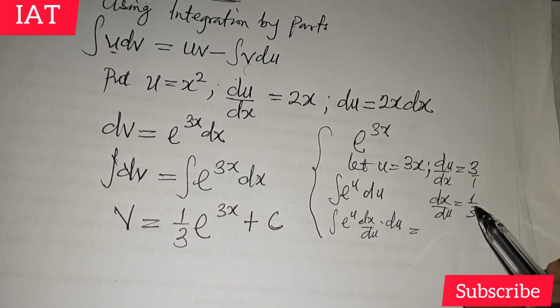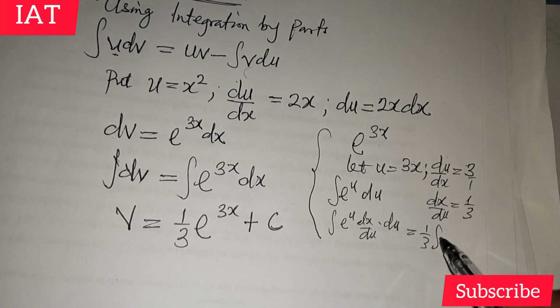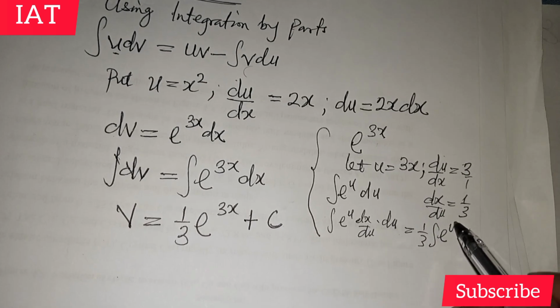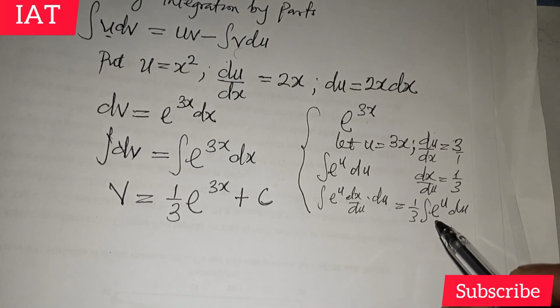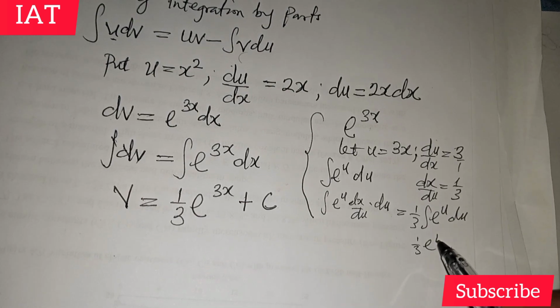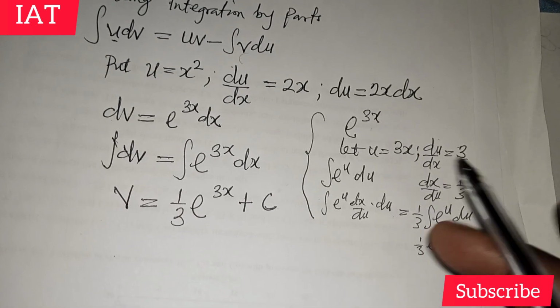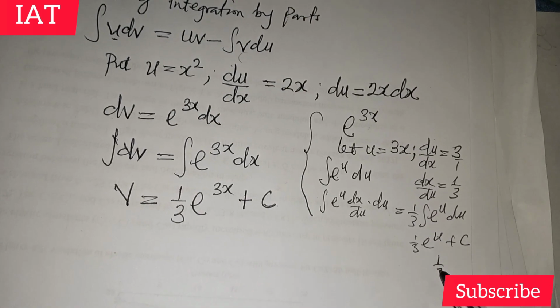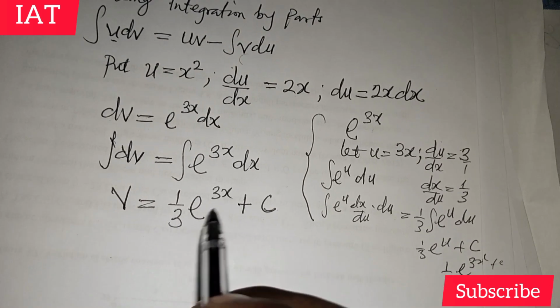It is 1 over 3. So I need to take the 1 over 3 back. So I have 1 over 3 integral of exponential u du, and integral of exponential u is still exponential u. So we have 1 over 3 exponential u plus constant c. But remember that your u was 3x, so you have 1 over 3 exponential 3x plus c. That's how we got this.